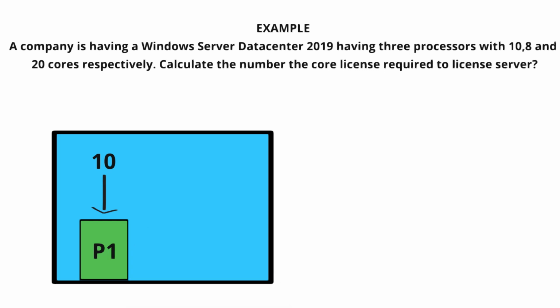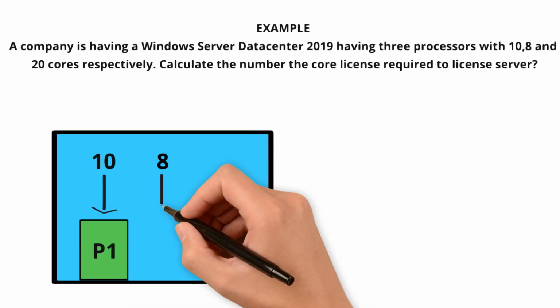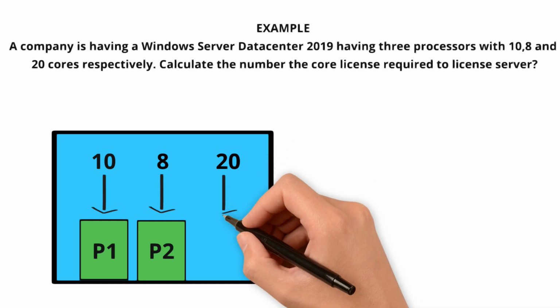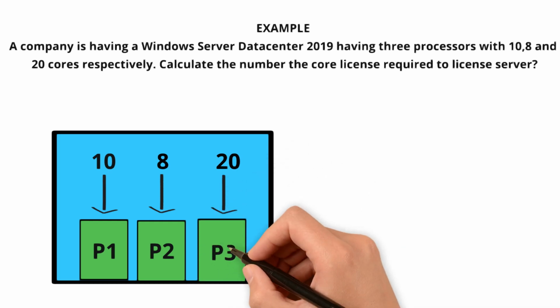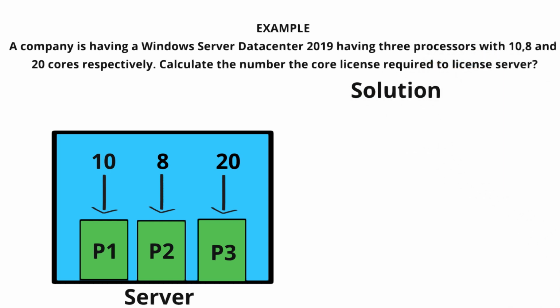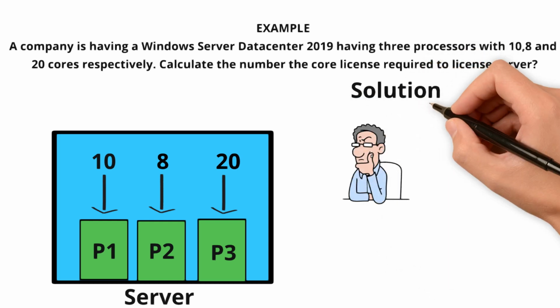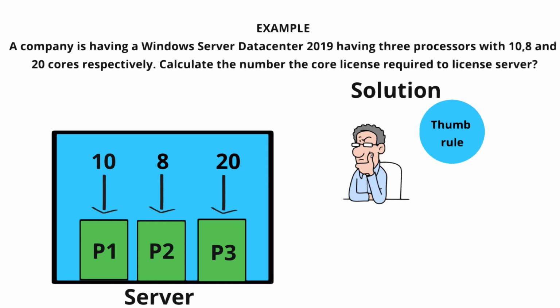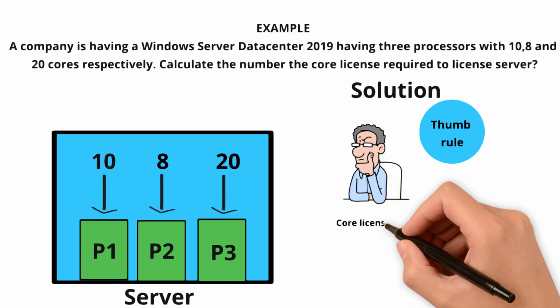P1 has 10 cores as said already, P2 has 8, and P3 has 20. Now, to calculate the total licenses required, let's recall the minimum criteria or thumb rule. That was a minimum of 8 core licenses required per processor and a minimum of 16 core licenses required per server.